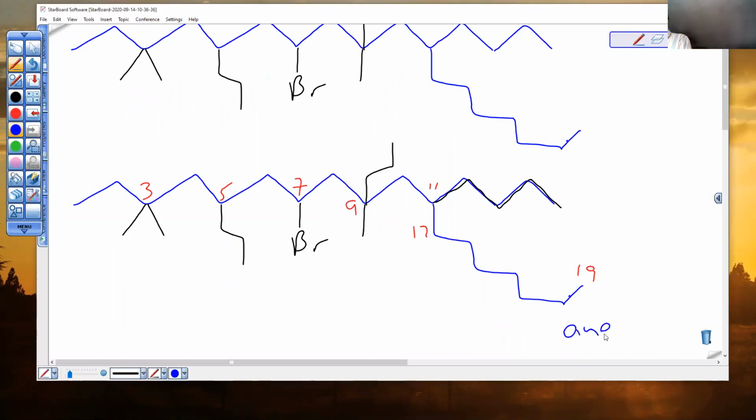A-N-E. Why am I leaving so much room? I think I'm going to need all of it. That doesn't look like ANE. How do you say 19 carbons? You say nona, D-E-C, decane.